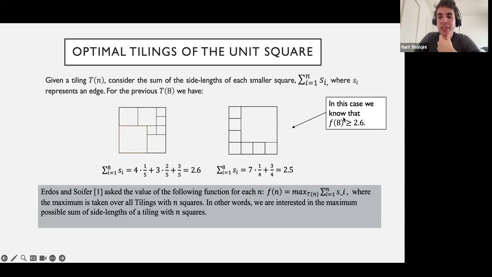In this case, since I'm considering tilings with 8 squares, I know that f of 8 is going to be at least 2.6 because of my particular example on the left. But I don't know if I can obtain a value greater than 2.6.